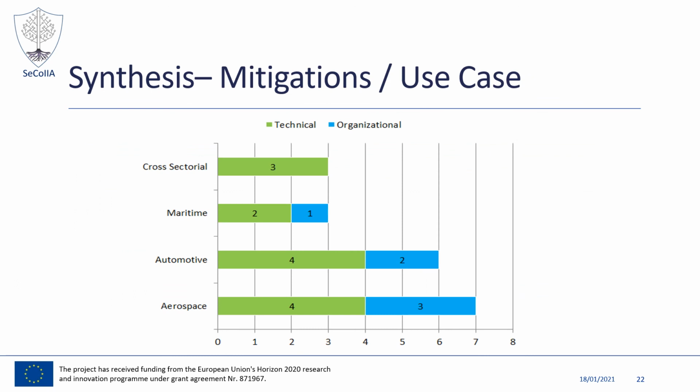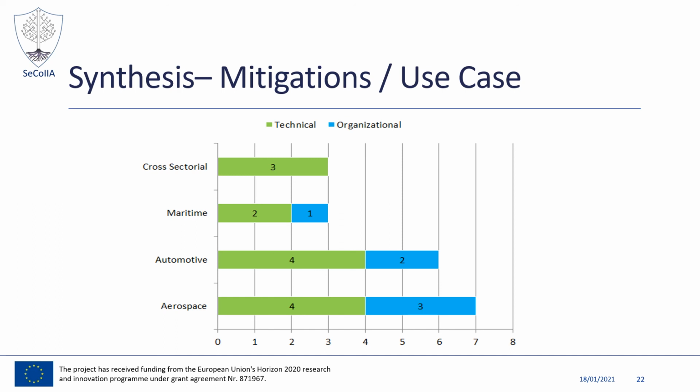Then we also found out what the mitigations look like in terms of technical or organizational. So as you can see, for the cross-sectorial, meaning the robotics use case, all of the proposed mitigations are technical, and of course we are mostly using the robot for the use case. So I think basically all the controls are in there.